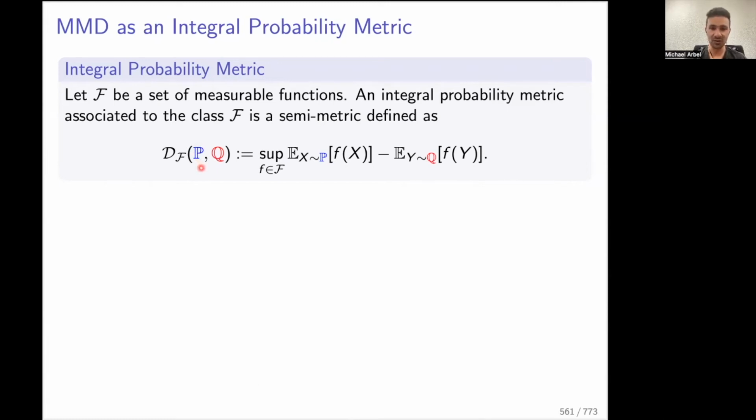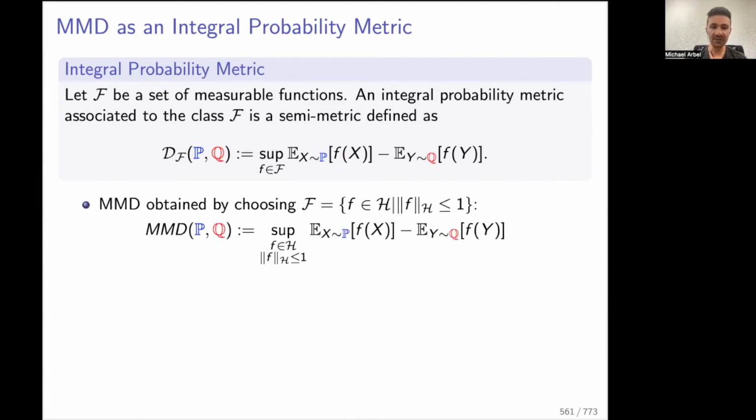It computes the expectations under the two distributions P and Q of any function that belongs to that set and takes the supremum value of these differences in expectations. This defines some measure of how different P and Q are. And of course, if P was equal to Q, then this quantity will always be 0.